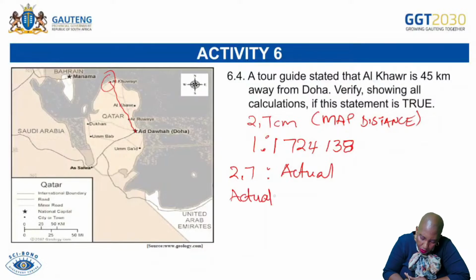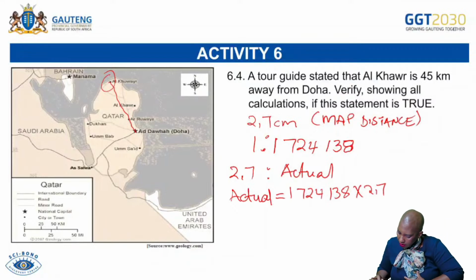Now the actual is equal to 1,724,138. We multiply by 2,7. I take this, I multiply by 2,7.